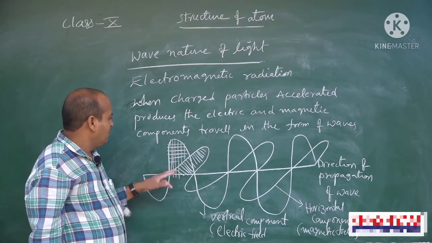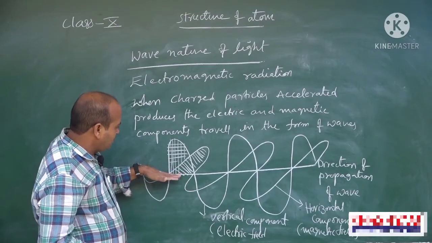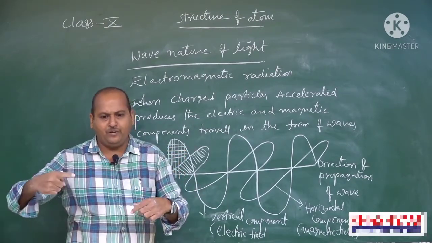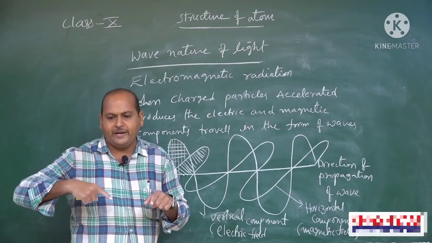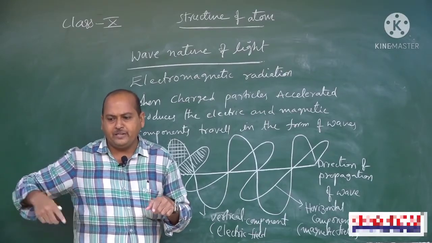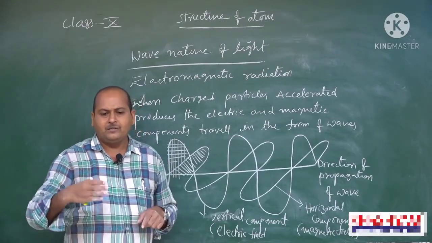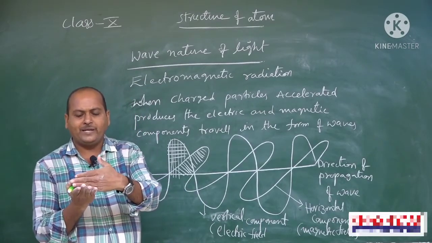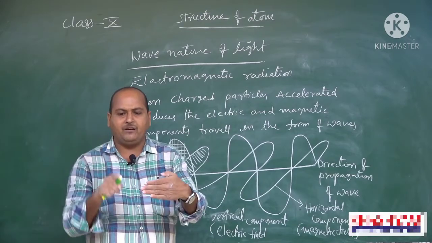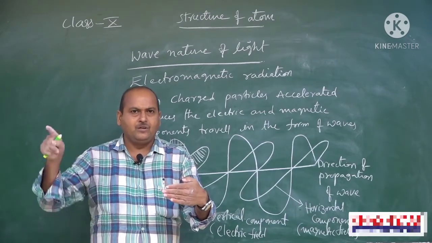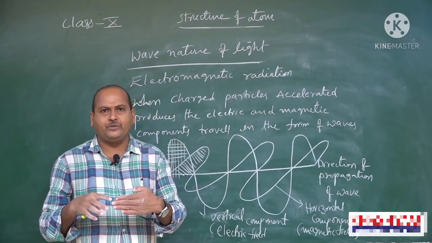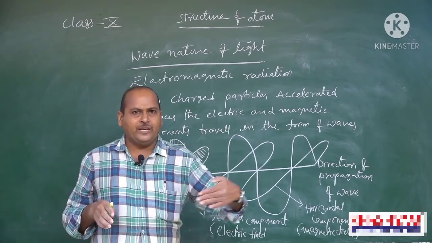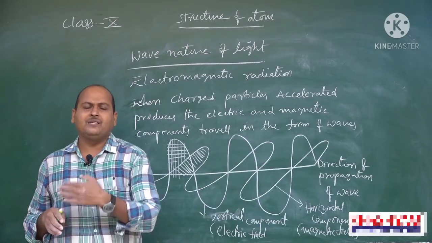With the direction of propagation of the wave, one wave propagates horizontally, and the second, the vertical component, propagates like this. These two are perpendicular to each other, at right angles to the direction of propagation of the wave.